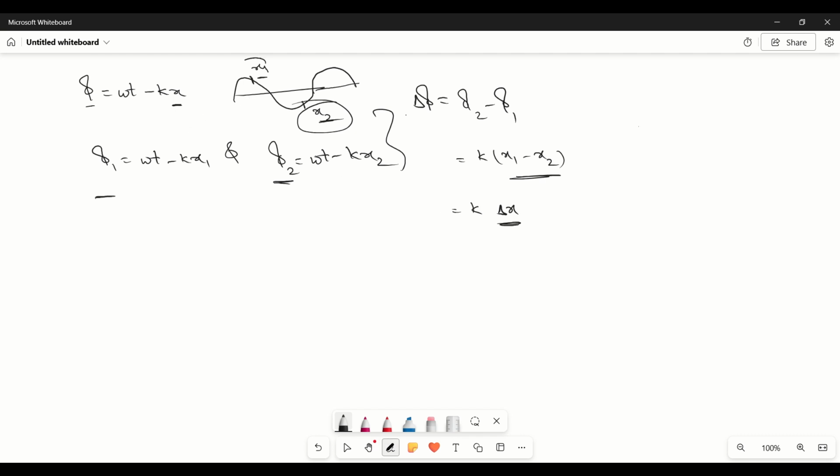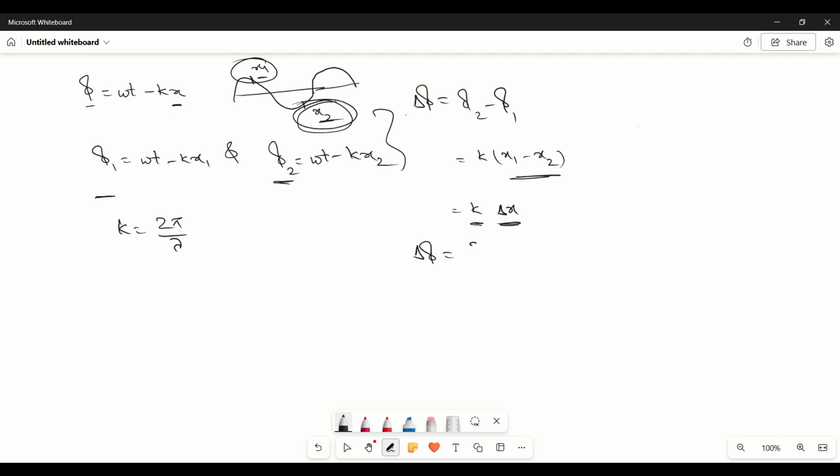We know that k is the wave number, k equal to 2 pi by lambda. So we can represent delta phi equal to 2 pi by lambda into delta x.